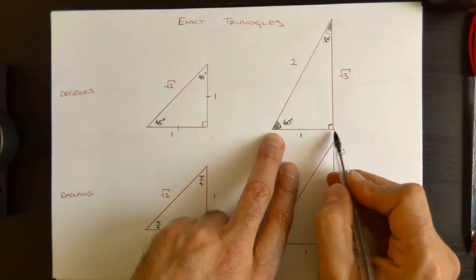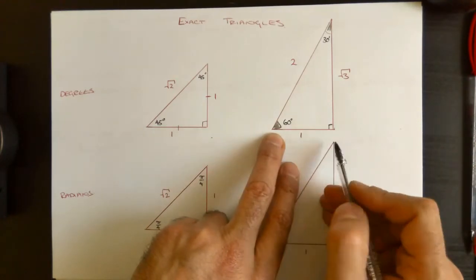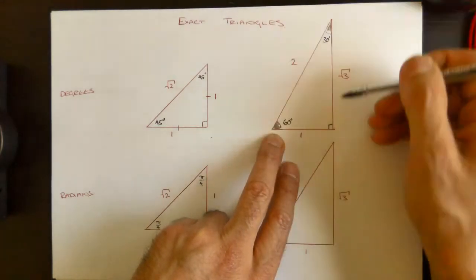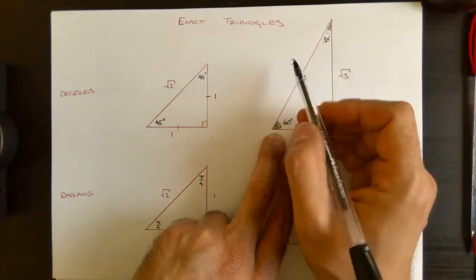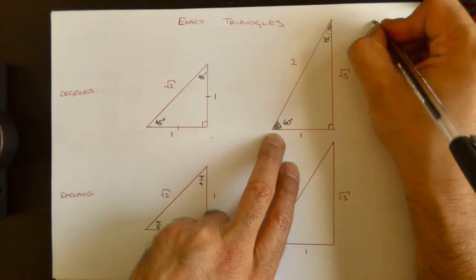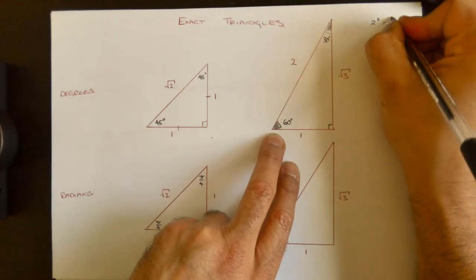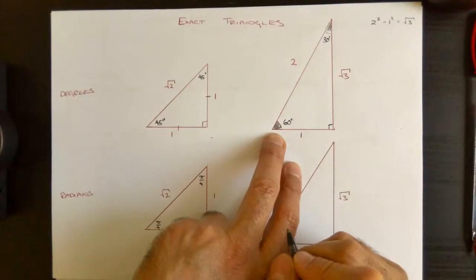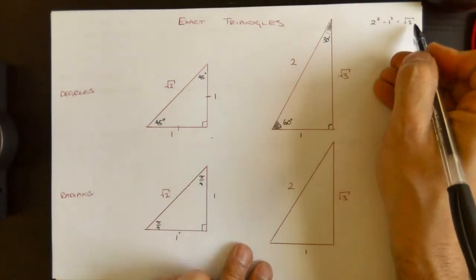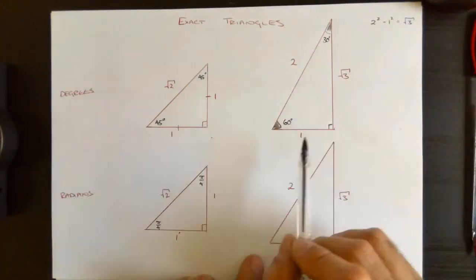The base becomes 1 unit because 2 divided by 2 is just 1. And so the other length is going to be square root 3, because 2 squared minus 1 squared is square root 3, using Pythagoras' theorem.